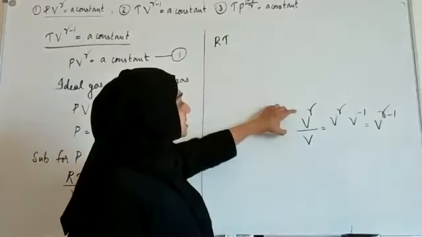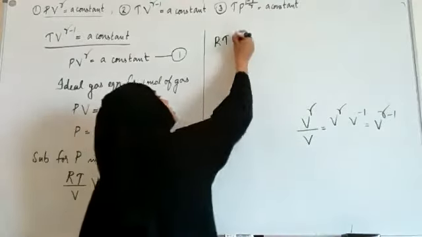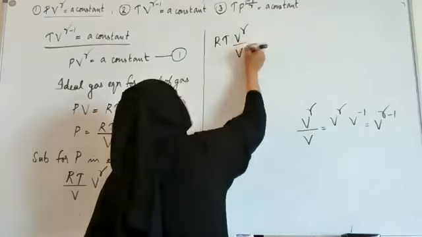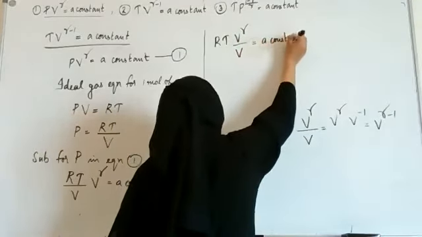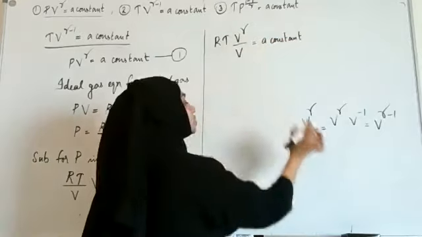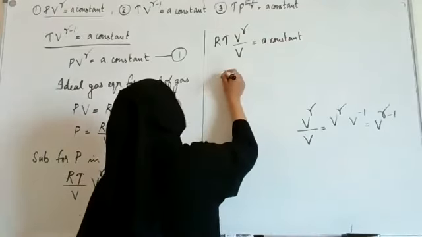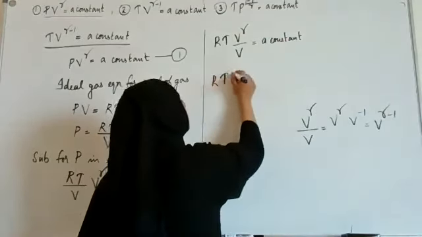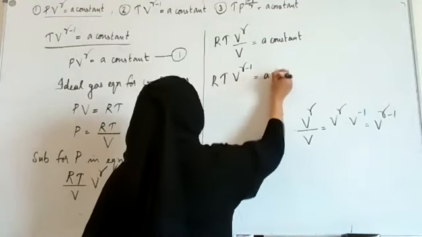So instead of V raised to gamma by V, I am going to write V raised to gamma minus 1. So RT V raised to gamma minus 1 is equal to a constant.